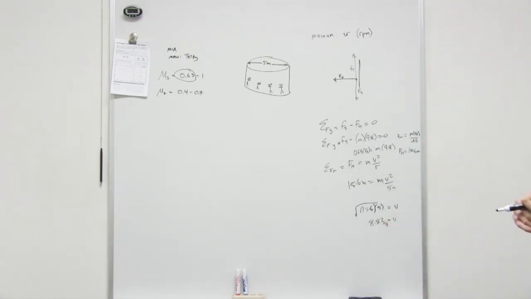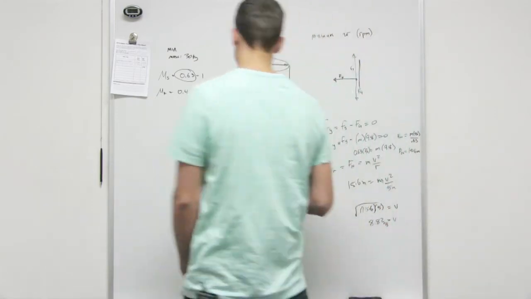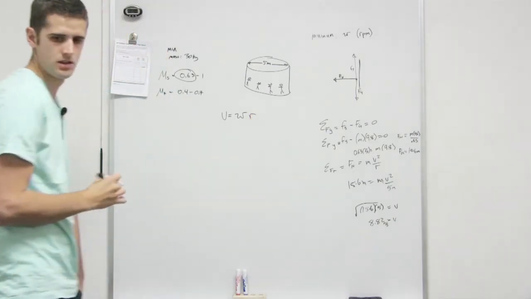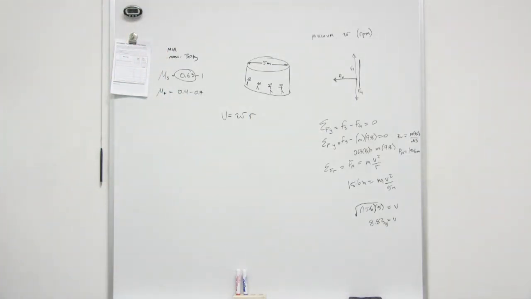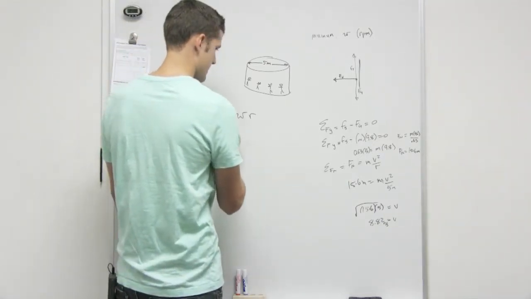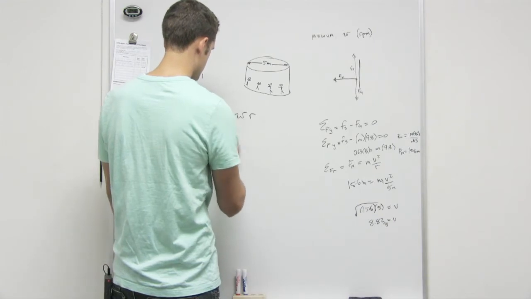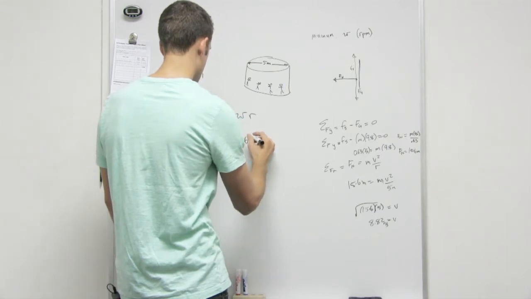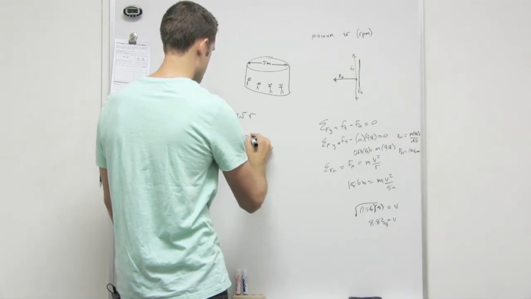Okay, and then we're trying to find angular speed. Right. So we just divide it by the radius. So 8.82 over 5. 1.77.